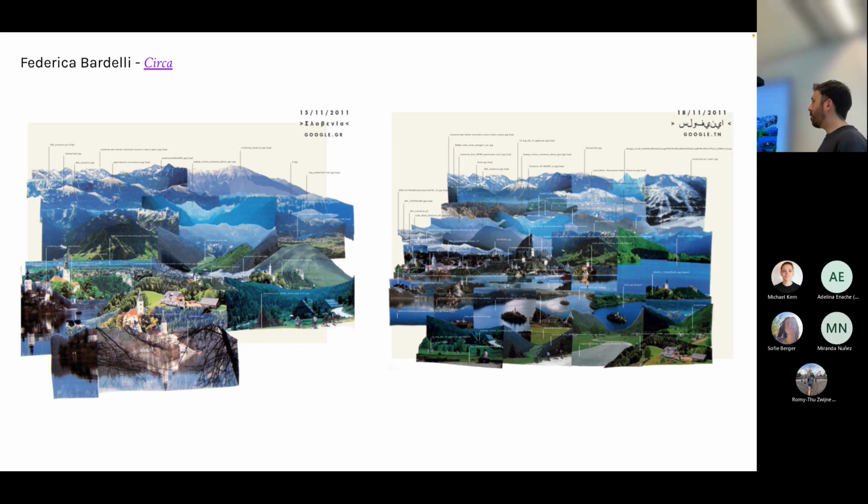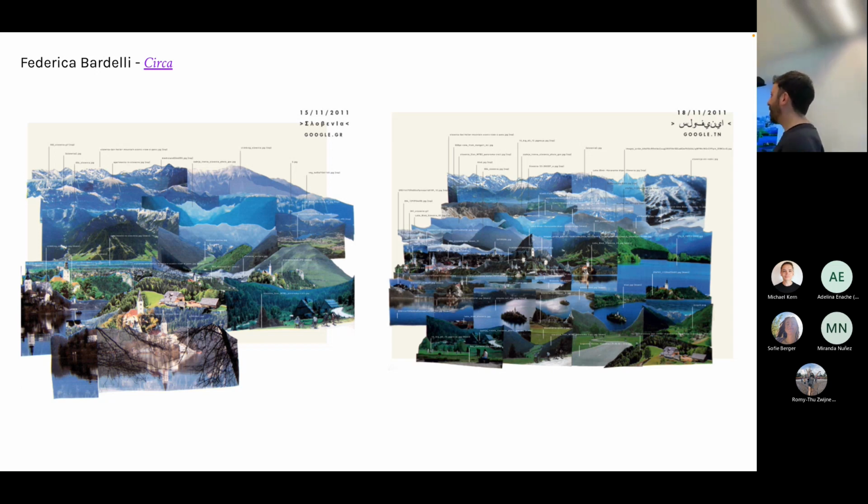It's from her master thesis called Circa, which means many things, but in this case it means around the Mediterranean Sea. More than 10 years ago, she looked at Google Images as a way to see how each country around the Mediterranean Sea was looking at each other or representing each other online.